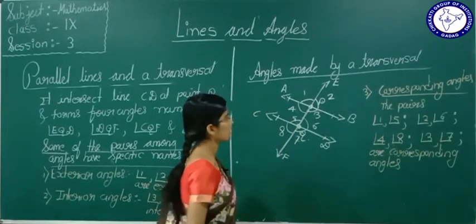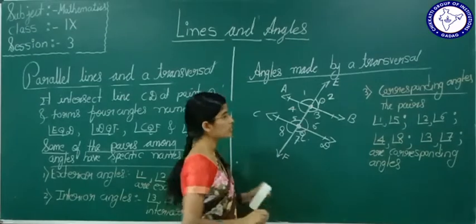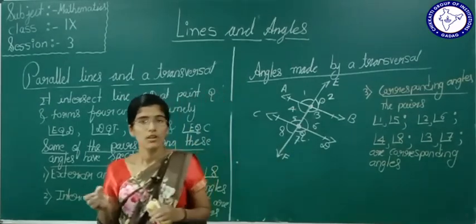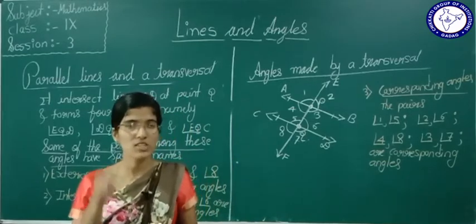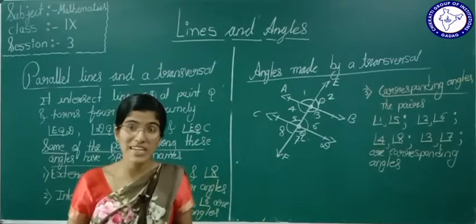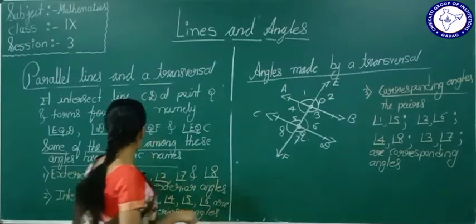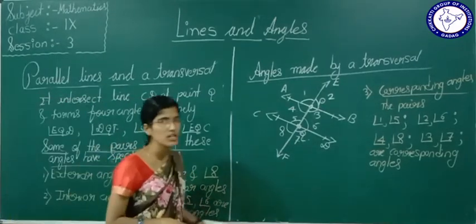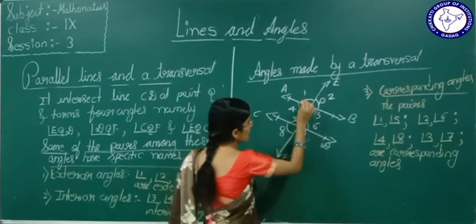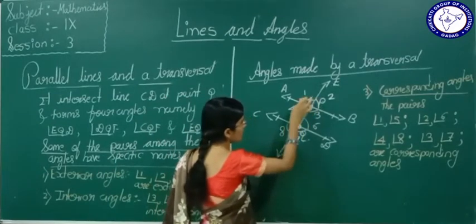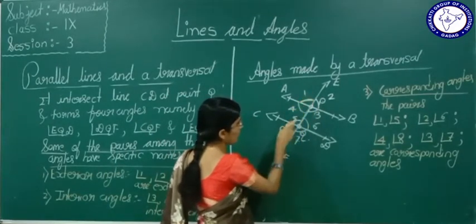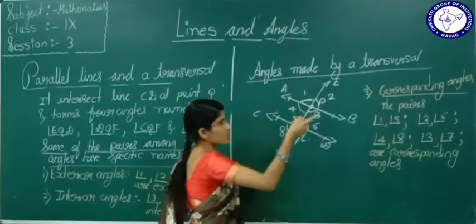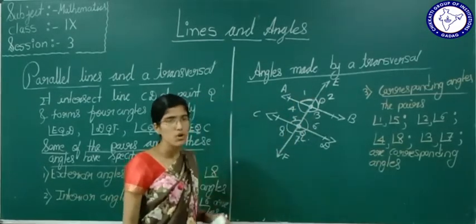Okay, see here. Once more I will tell you which are the corresponding angles we are given. I told you, for some pairs we have given specific names. We come to know what are interior angle, exterior angle. Pay attention in corresponding angles. Here angle 1, angle 5, one exterior, one interior, we are going to make corresponding angles.